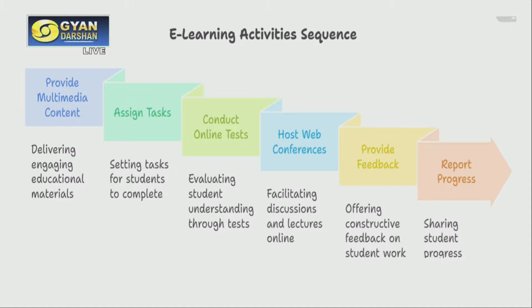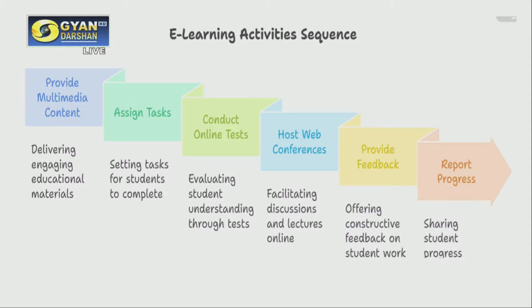After that, some online tests are conducted, and we need to have some chat rooms wherein, if the students have some doubts, they can post their doubts, and the course coordinator, the person who is responsible for the course and the e-learning environment, should facilitate the students with the help of the discussion.